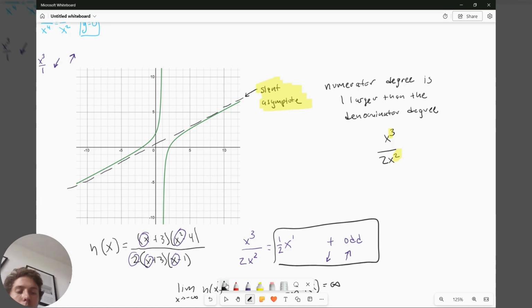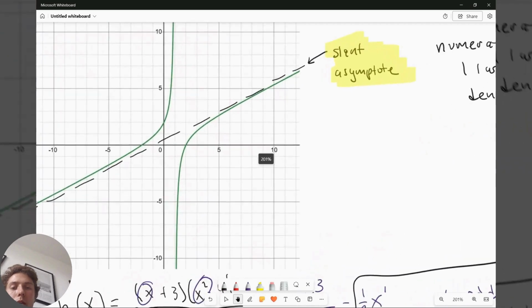A slant asymptote then will occur and be parallel to the line in which this fraction simplifies to. We said this fraction simplifies to 1/2 x. We know that our slant asymptote has to be parallel to that. Notice this graph, that's exactly what you end up seeing.